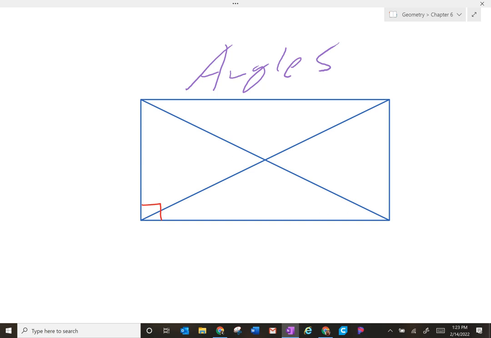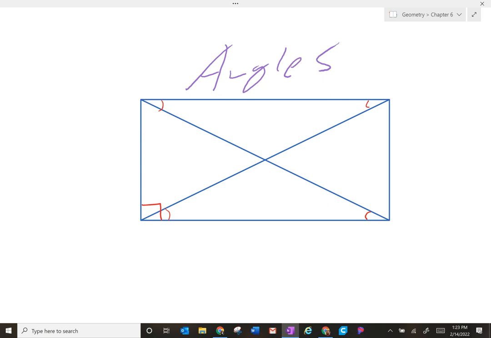Because of how that rectangle is going to be cut in half, this angle right here and this angle up here are the exact same, along with this one and this one. So all 4 of these, this one here, this one, and this one, will all be the exact same degrees.